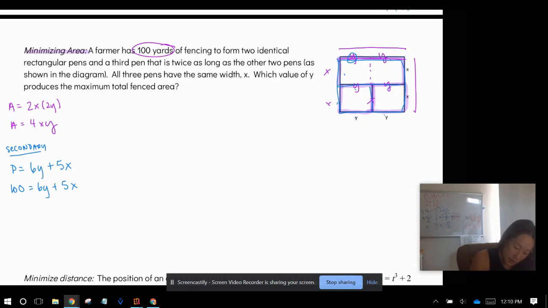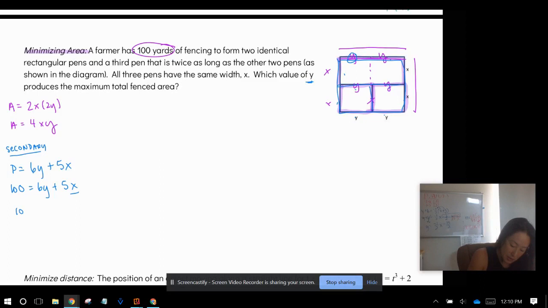And then solve for x. Since I am finding the value of y, I'm going to solve for x so that the y value stays in my equation. 100 minus 6y is equal to 5x, so x is equal to 100 minus 6y over 5. Okay, so let's plug that into our primary equation.